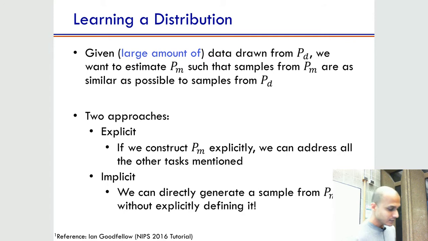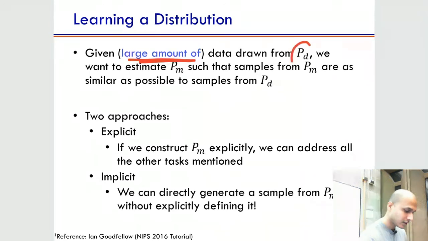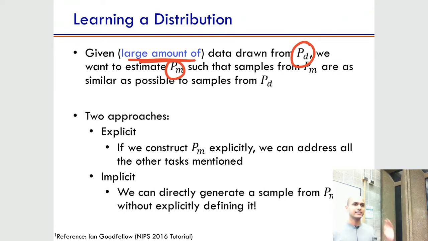Generally, given some data, let's say it's drawn from some distribution P subscript D. Now we only have access to the data. We don't know what P subscript D is. So given the data, we can potentially try to estimate some model. The subscript M represents model.